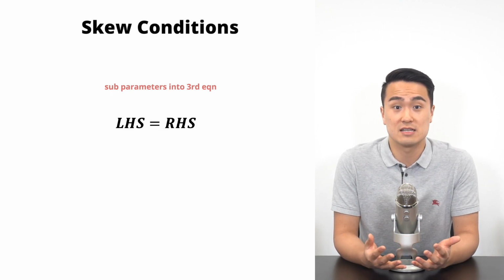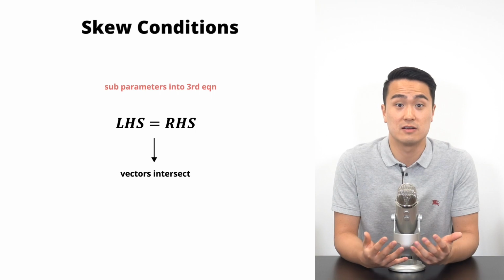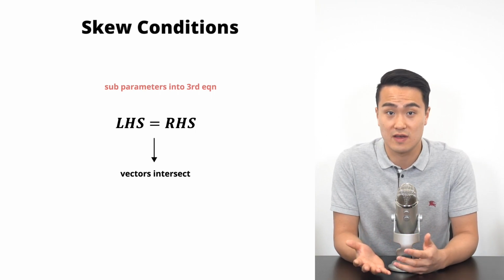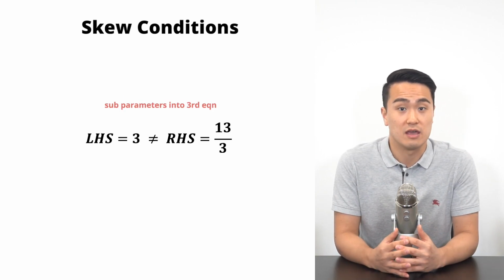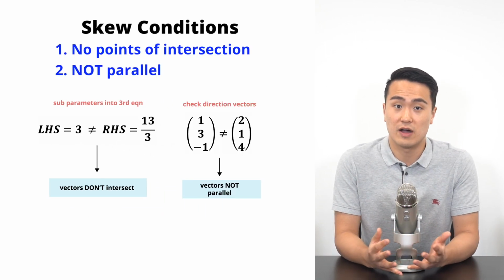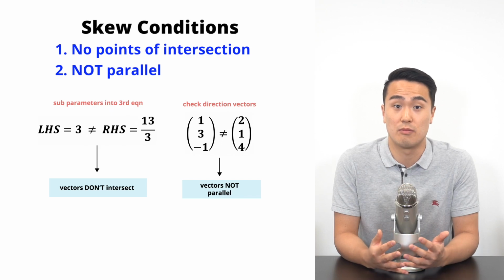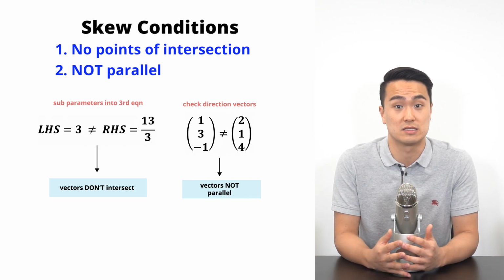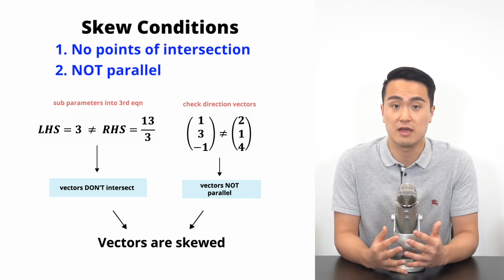If the values satisfy the third equation, then there exists a point of intersection at those values of lambda and mu. If the values don't satisfy, then they do not intersect. Finally, we just need to check that the lines are not parallel, or that their direction vectors are not equal to each other. Then we can conclude that the two lines are skewed.